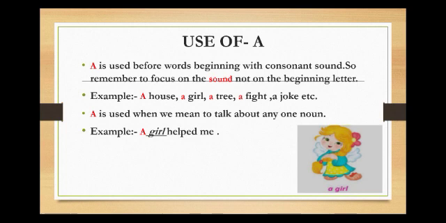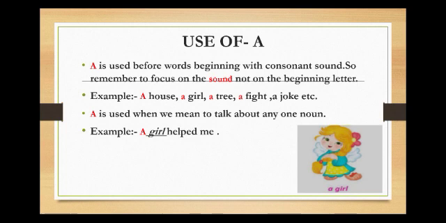That is why we have to say a house. A girl. Over here also, girl starts with a consonant sound g. That is why we say a girl, a tree, a fight, a joke, etc.